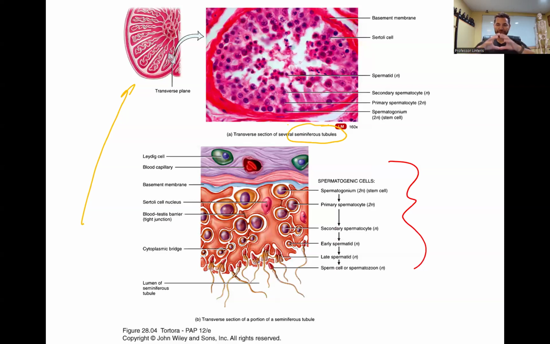These seminiferous tubules are tubes, and the sperm production starts from the outside and works itself inwards. So that process that we talked about starts from the outside and spermatogonium to the primary spermatocytes to the secondary to the spermatids, and then on the inside of that tube you will have functional sperm that will then be shipped out, right? So keyword here, seminiferous tubule.